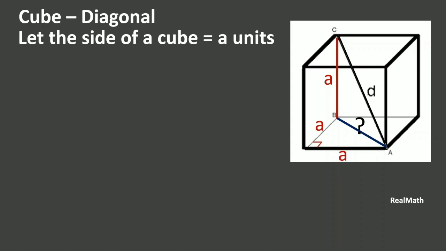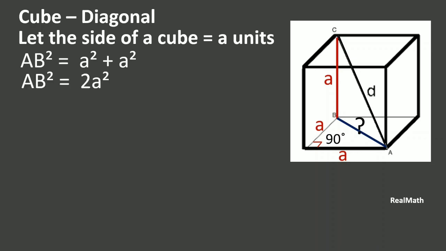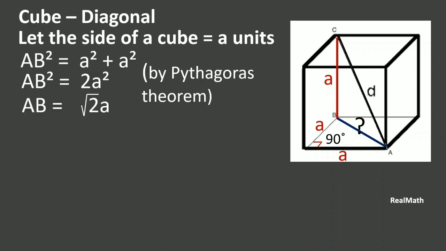Now it is 90 degrees there. Look at the picture. Now AB squared is equal to A squared plus A squared. This is using Pythagoras theorem. So AB squared is equal to 2A squared. Now AB, we are going to find out the square root. AB is equal to root 2 into A.